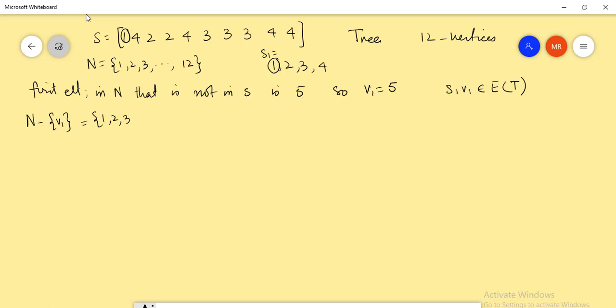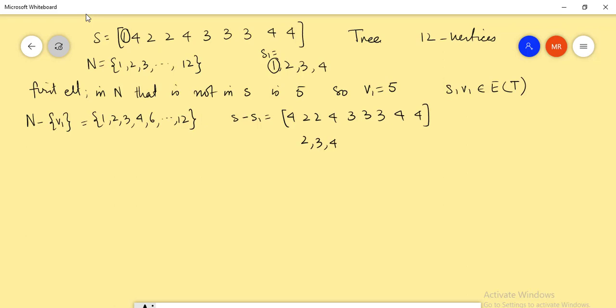So N minus V1 is 1, 2, 3, 4, 6 up to 12. And the elements in S minus S1 are 2, 3 and 4.